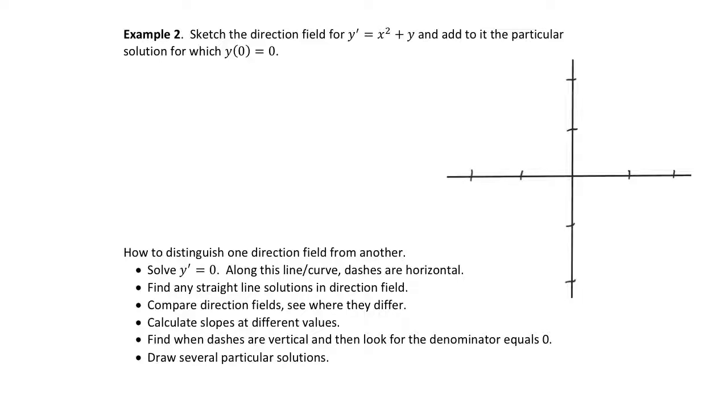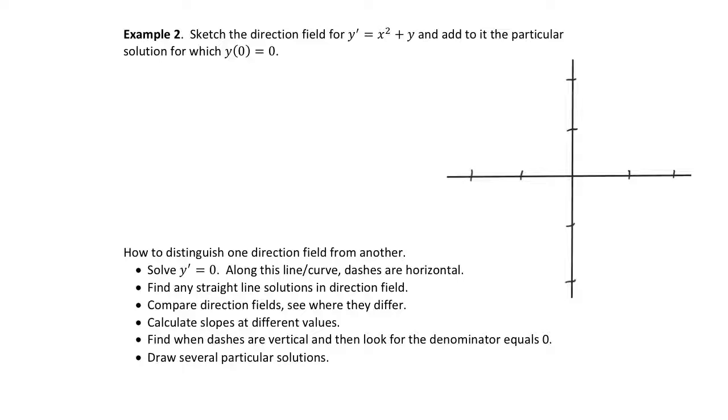X squared is a little bit more complex. So I'm going to fix x values, pick particular x values, and then use those with the corresponding y values to find the slopes. I'm not drawing the graph very large, just from -2 to 2 in each direction.